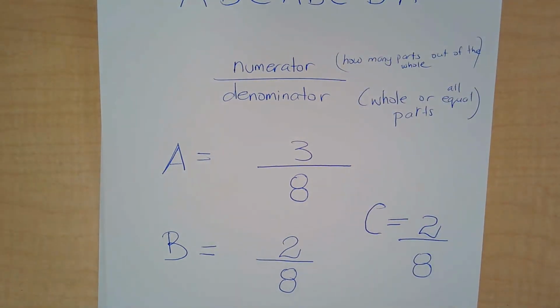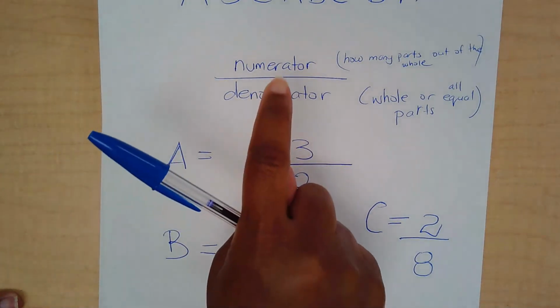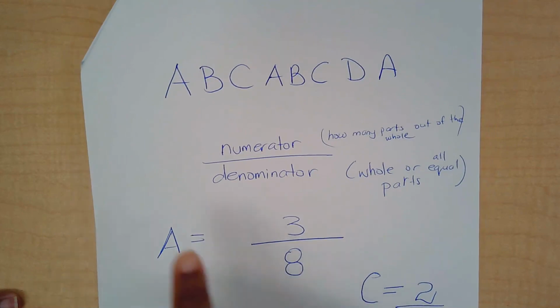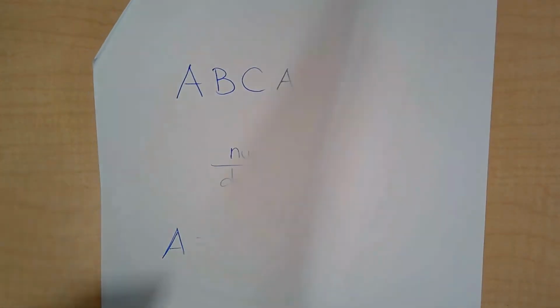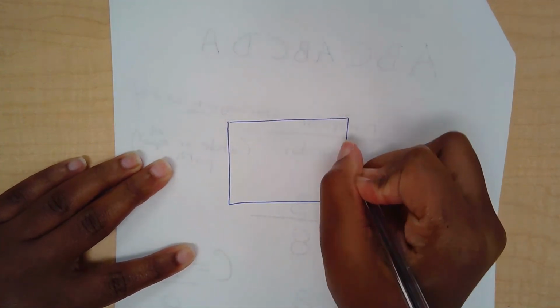And which one is the easiest for us to find? The denominator. Why? Because you can tell the denominator by counting everything in the group.